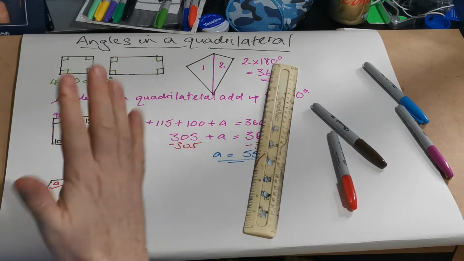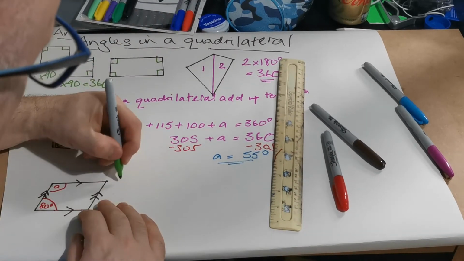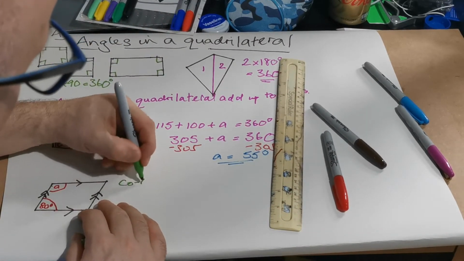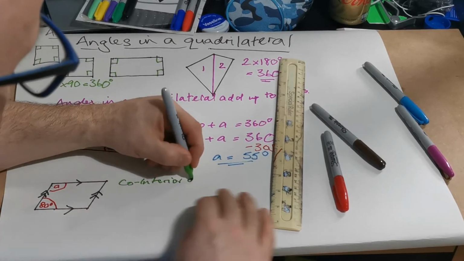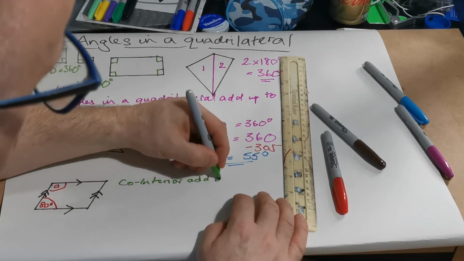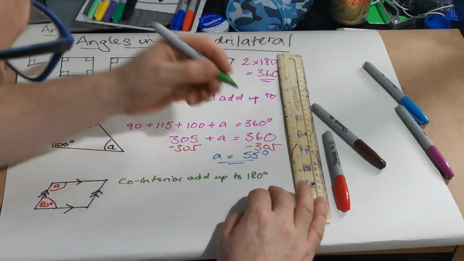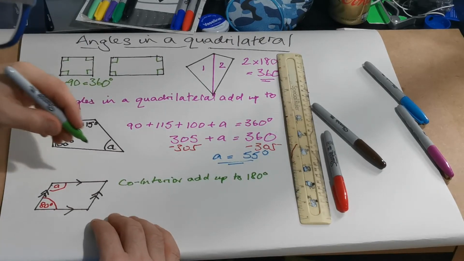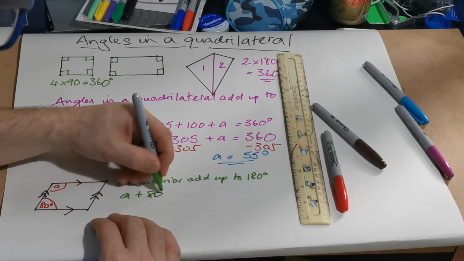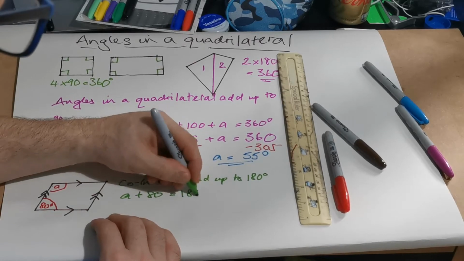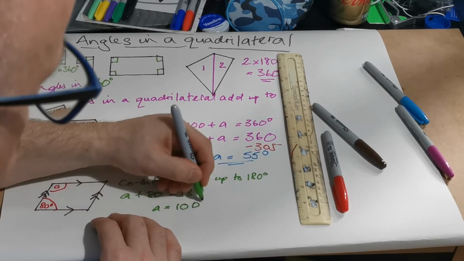But when you look at that, you could see, okay, co-interior angles from the parallel lines work that we did add up to 180. So you would have A plus 80 equals 180, and it doesn't take you to be Einstein to realise that A is 100 degrees.